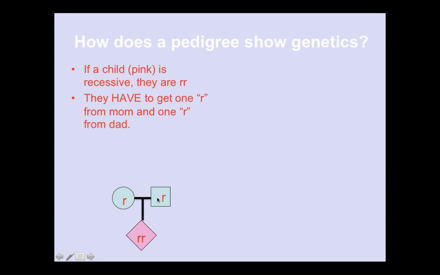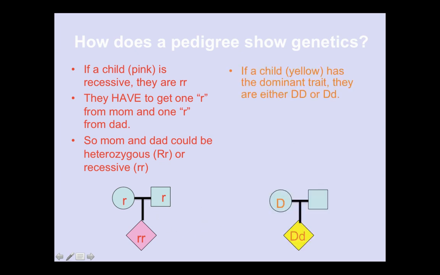Now, the other letter could be another little r, it could be another big R, but if you have 2 little r's and you're the kid, you have to have gotten a little r from mom and a little r from dad. So mom and dad could either be dominant or they could be recessive. It depends on if they're colored in or not. Now, we don't have these colored in for traits. We just have them colored in to show you who we're talking about. So the pink one versus the green ones.